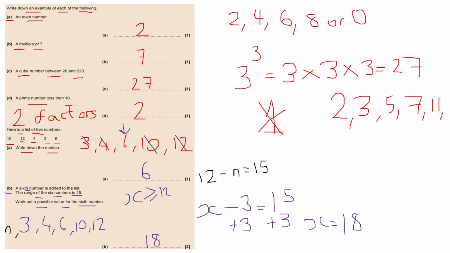If I add n to both sides and then subtract 15 on both sides, we have 12 minus 15 is equal to n. 12 minus 15 equals minus 3. So minus 3 equals n. So note the value here, n, the 6th number, could also be 12 in this context.